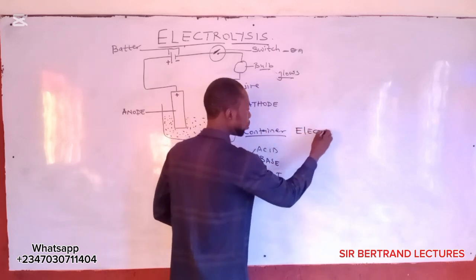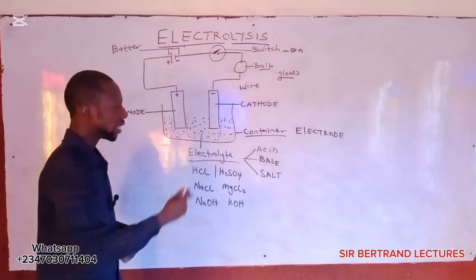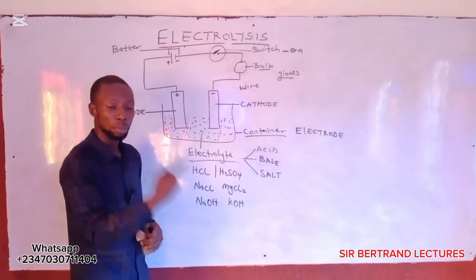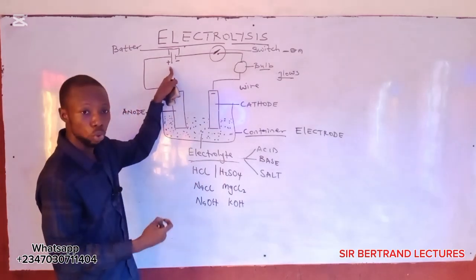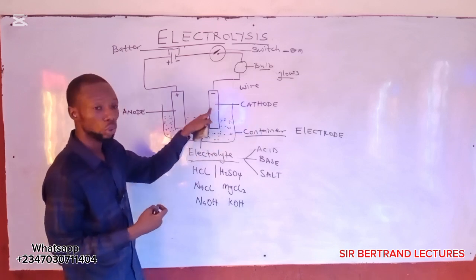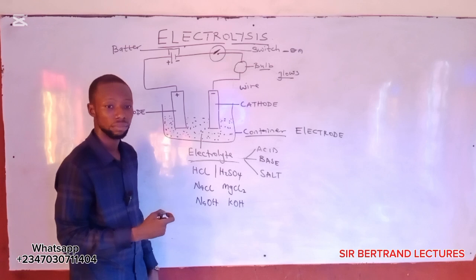We have it here on the board. That shows we have two types of electrode: the positive electrode, which is connected to the positive pole of the battery, and the negative electrode, which is connected to the negative pole of the battery.